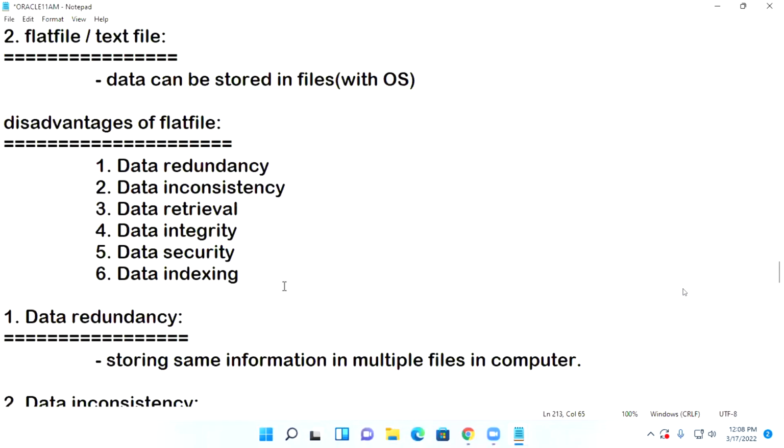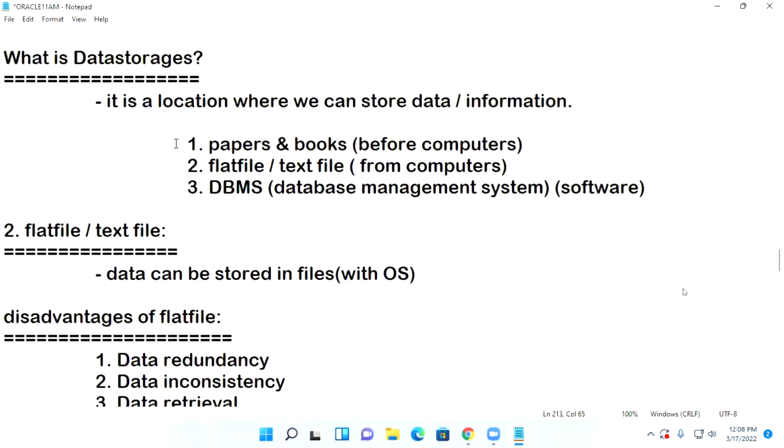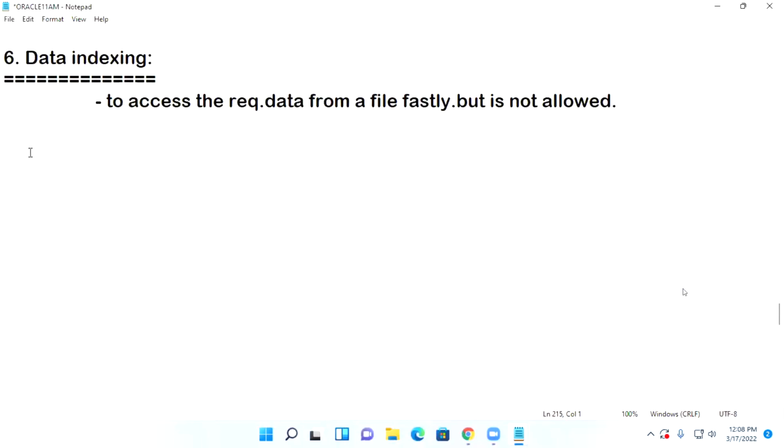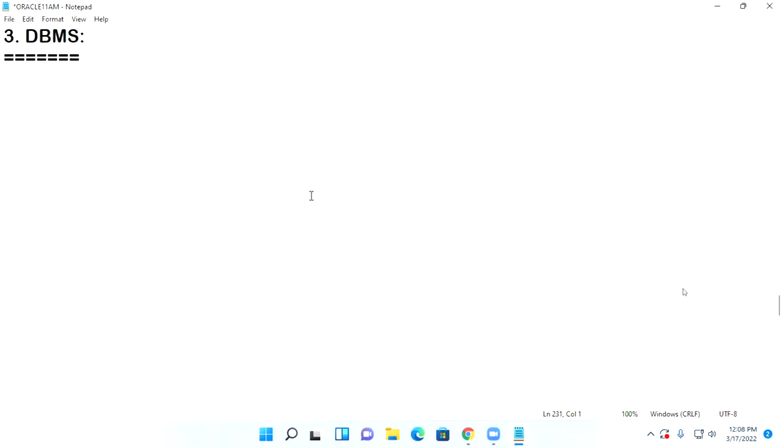And finally, to overcome all the drawbacks of books, papers and flat files, people introduced what? DBMS. This is why the DBMS came. DBMS stands for database management system.